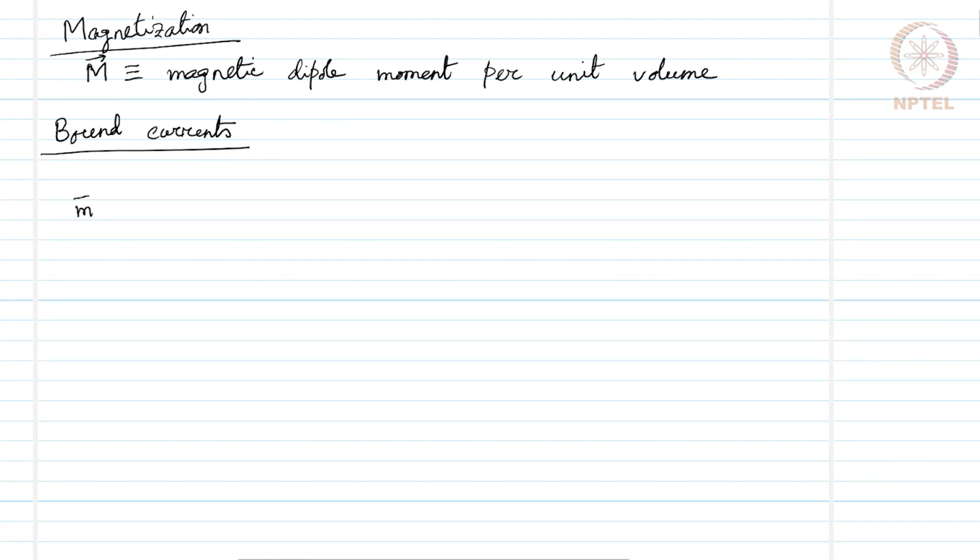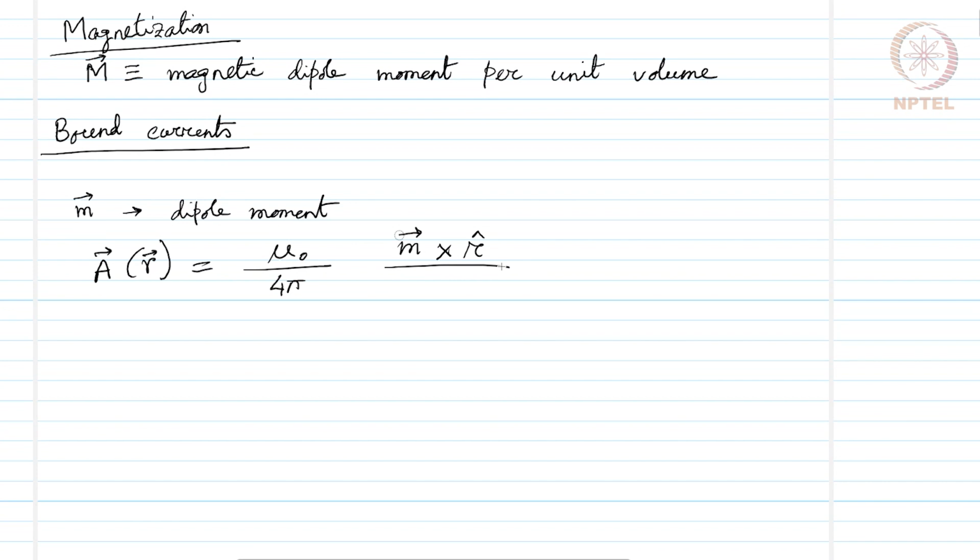If small m vector is the dipole moment, then we can write the vector potential A as a function of position vector r as mu naught over 4 pi, m vector cross r cap direction over r squared. This is the expression for the vector potential.